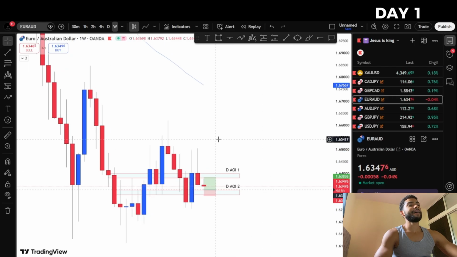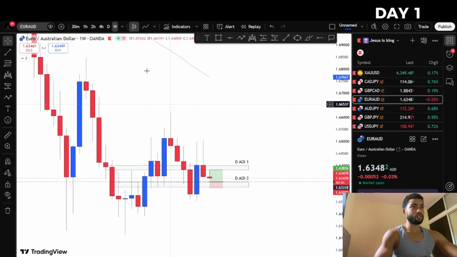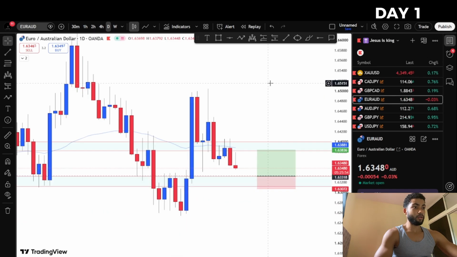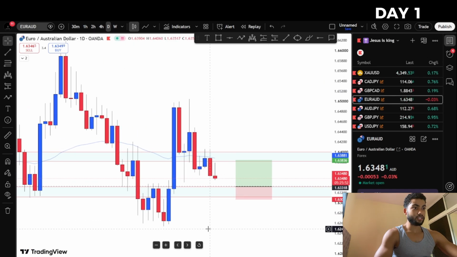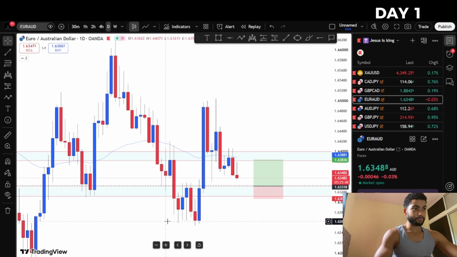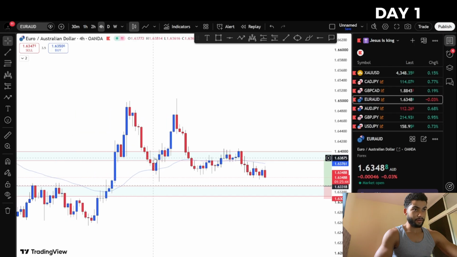It is not that fast because we are on the weekly time frame, so it takes a lot more time to create. But on the daily time frame, we are also bullish. This is the higher high, this is the higher low, and the 4 hour is bearish.